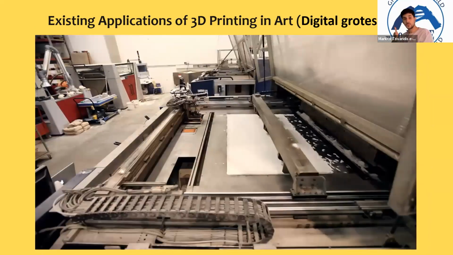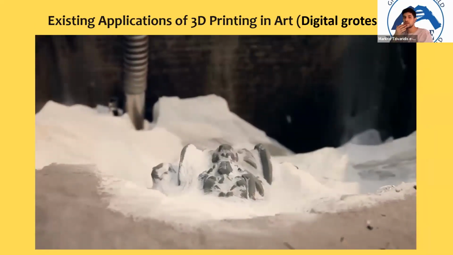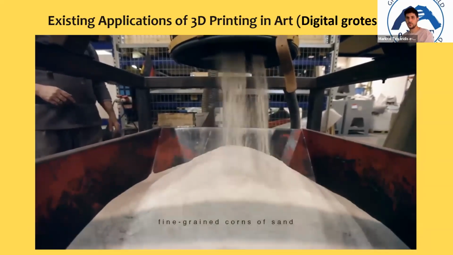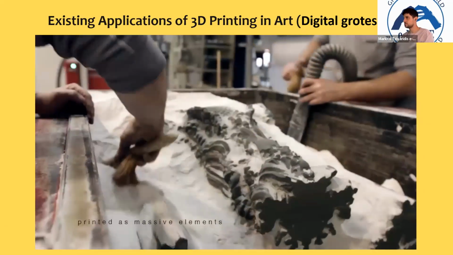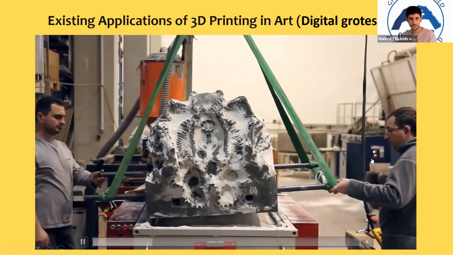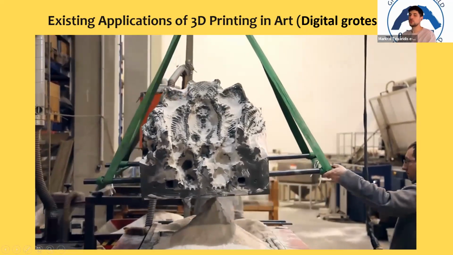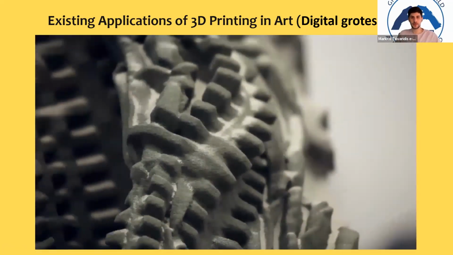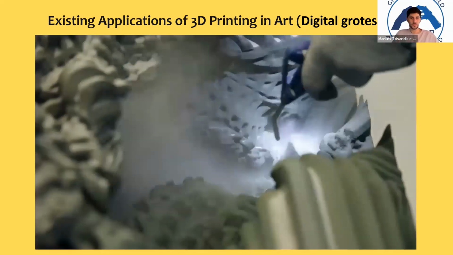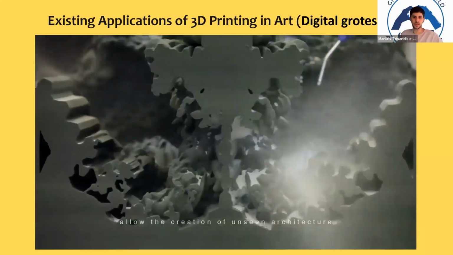So first of all, the way they create it is with powder bed fusion. Oh, why did it stop? Okay. They use the powder bed fusion technology, like the video we saw before, and they create those very intricate shapes.